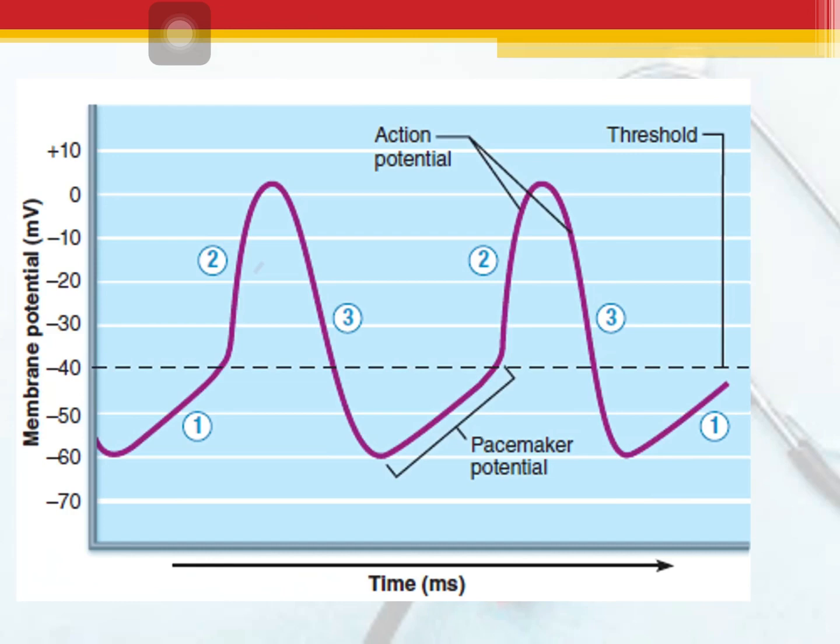So let's take a look at this picture. This is a line graph of a cardiac muscle action potential. Unlike the skeletal muscle action potential, which has a latent period, an action potential, and a resting period, as you can see here in the line graph of a cardiac muscle, there is this pacemaker potential that increases the membrane potential, making it slightly more positive than usual before the main action potential.